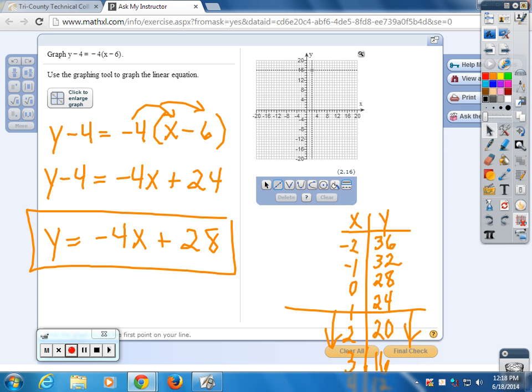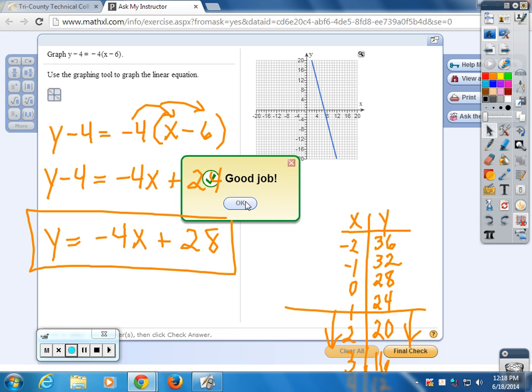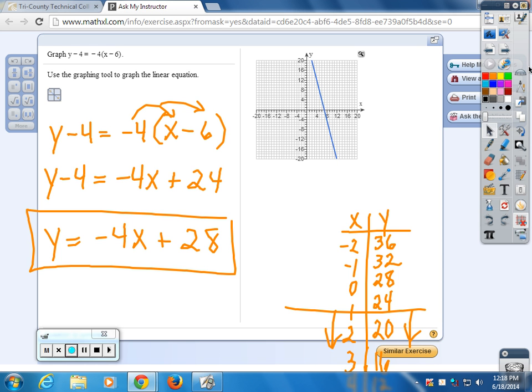I'm not on 2 and 20, so I need to fix it. And when it says 2 and 20, you hit the left button one time. And then do 3 and 16. There's 3, and there's my line. And that's how you do graphing.